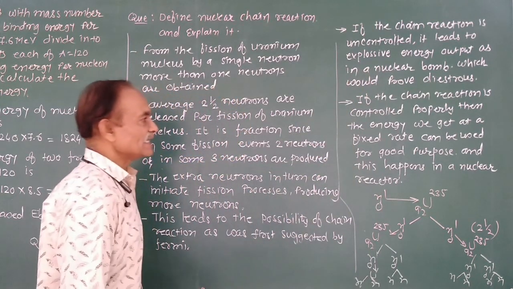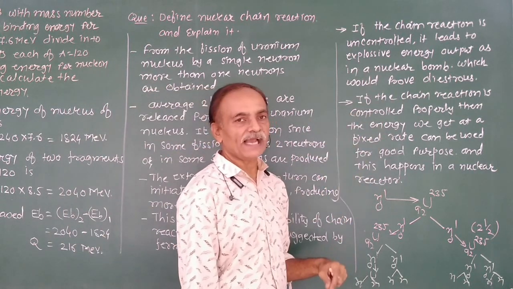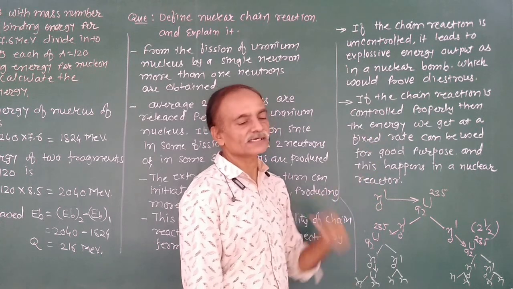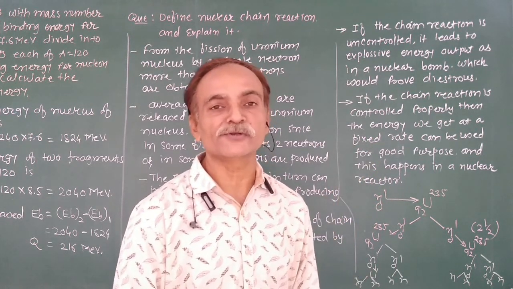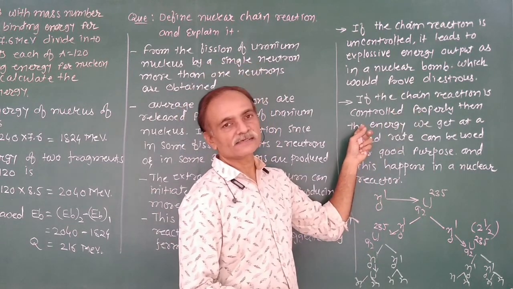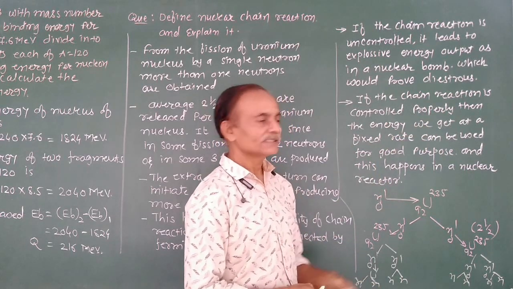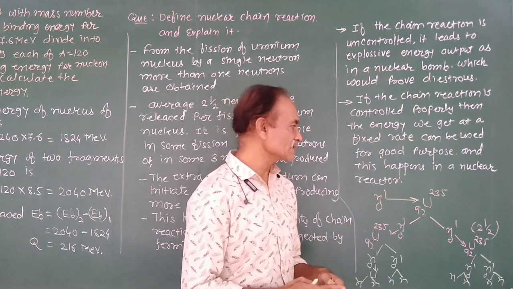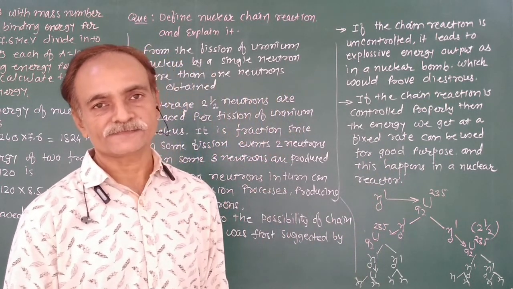Okay. If the chain reaction is controlled properly, then we get the energy at a constant rate. If this chain reaction takes place in a controlled manner, in this condition we get the energy at a constant rate that can be used for good purposes, and that is the principle of the nuclear reactor.